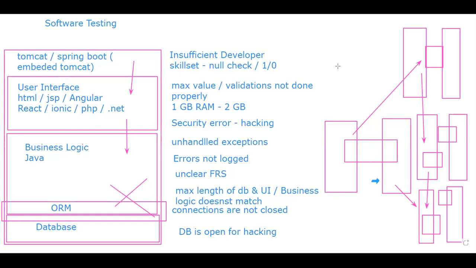The infrastructure is proper, and more importantly, the requirement is handled. What the customer asked, is it done in the system, or did we do something else? Maybe the customer asked for login name and we gave login. That's a mistake. Whatever is in the FRS, that only we should deliver. These are some of the errors which happen for various reasons.